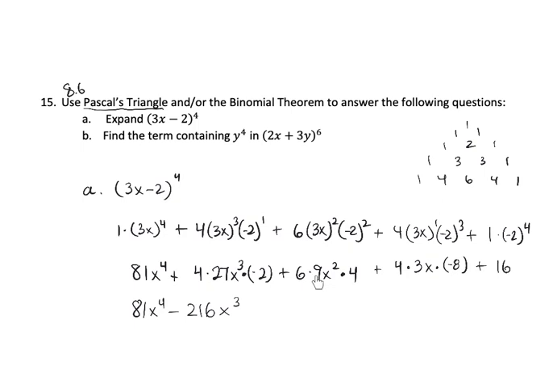Now this one is 6 times 9 times 4. That's 54 times 4, which is also 216. It's positive 216, so it can be plus 216x squared. This term is 4 times 3 times negative 8. That's 12 times negative 8. That's negative 96. So since it's negative, it's going to be minus 96x plus 16.